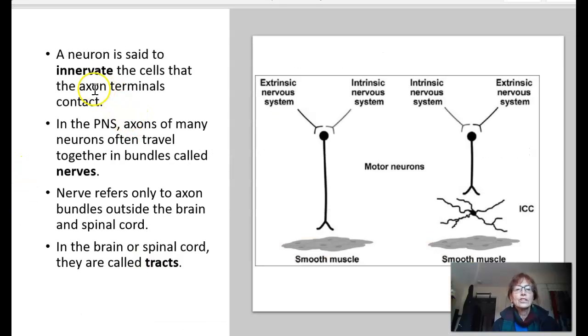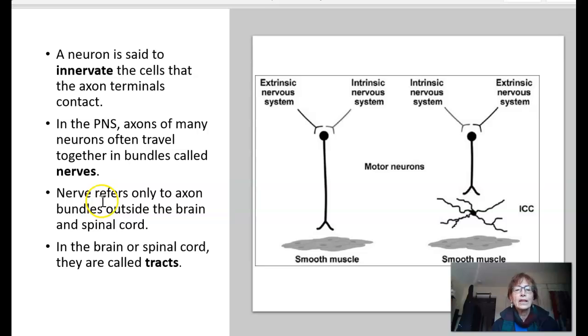Neurons innervate. This term innervate has to do with what cells the neuron is actually contacting or communicating with. In the peripheral nervous system, a lot of times we talk about neurons as just being nerves, which are bundles of these axons moving in the same direction, maybe activating some muscle.